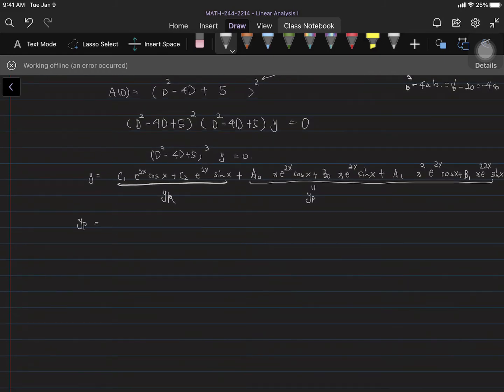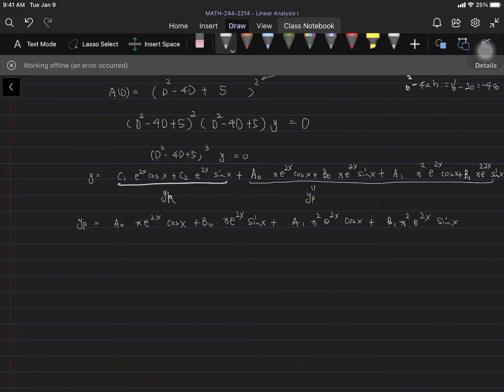So y_p equals A naught x e to the 2x cosine x, just copy, plus B naught x e to the 2x sine x, plus A1 x squared e to the 2x cosine x plus B1 x squared e to the 2x sine x.